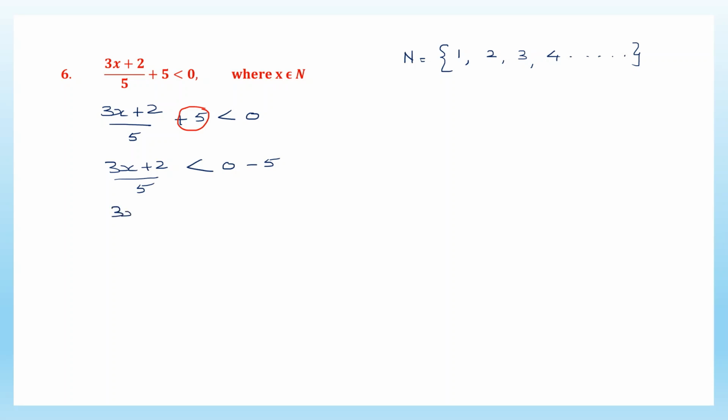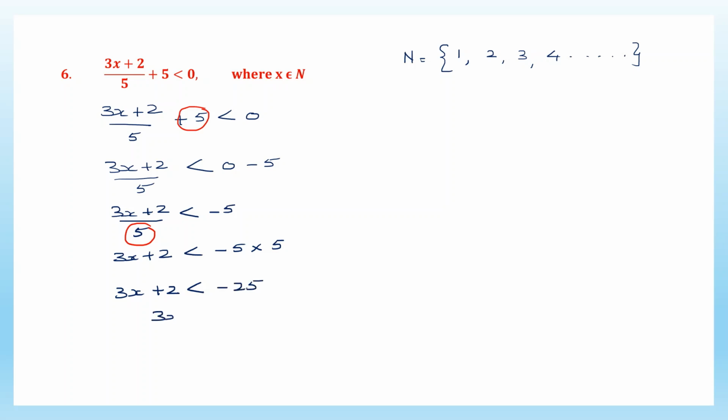So 3x plus 2 by 5 is less than minus 5. 3x plus 2 is less than minus 5 into 5, because again here we have transposed 5. 5 is division. When we took it to the right hand side, it's become multiplication. So 3x plus 2 is less than 5 5s are 25 and minus 25.